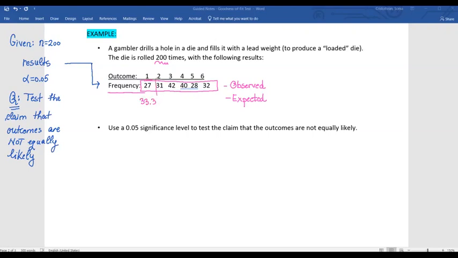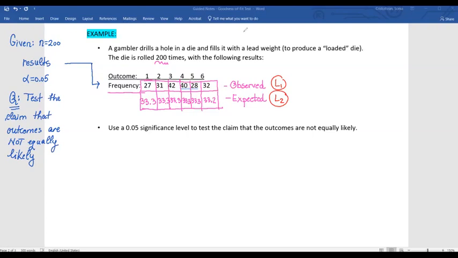For 2, we will have 33.3, and so on. So when you deal with these types of problems, you should be able to spot or create, if those are not given to you, like in this case, two lists. In one list, you put in the observed values. In the second list, you put in the expected values. So right here, we have observed and expected values.